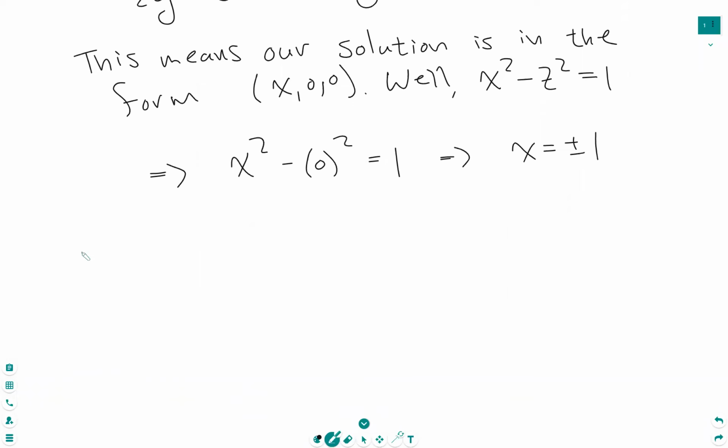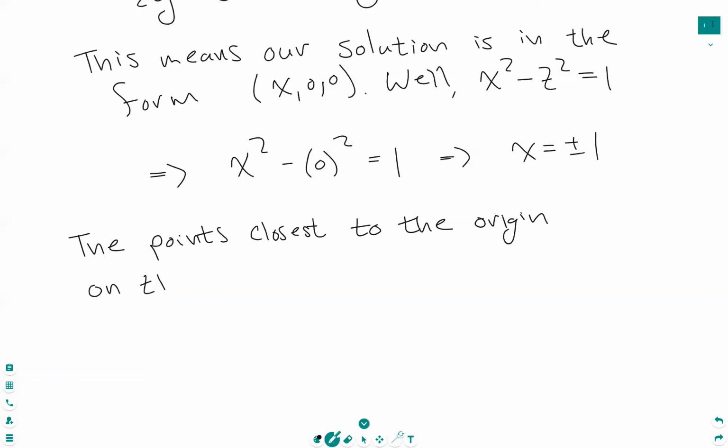So the points closest to the origin that are on the cylinder are plus and minus 1, 0, 0.